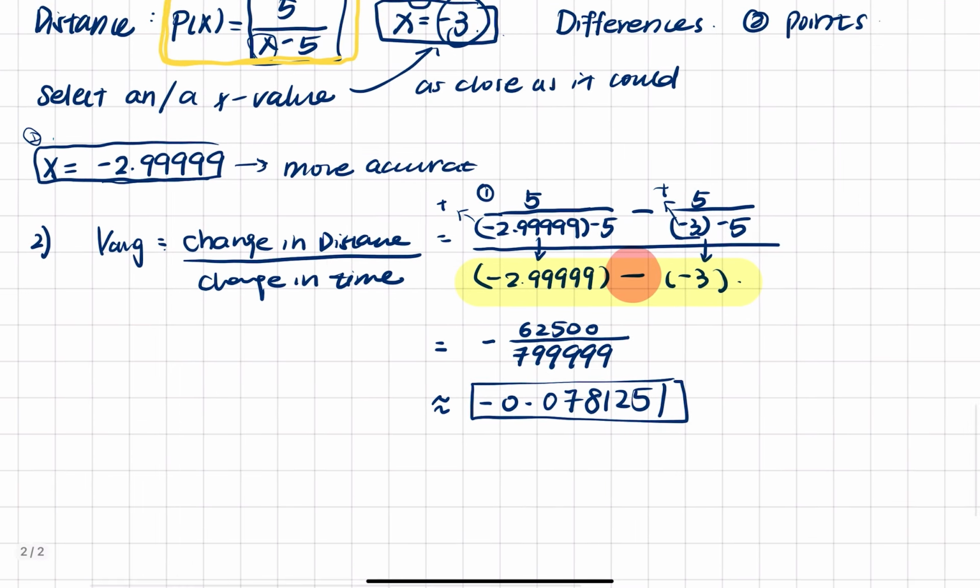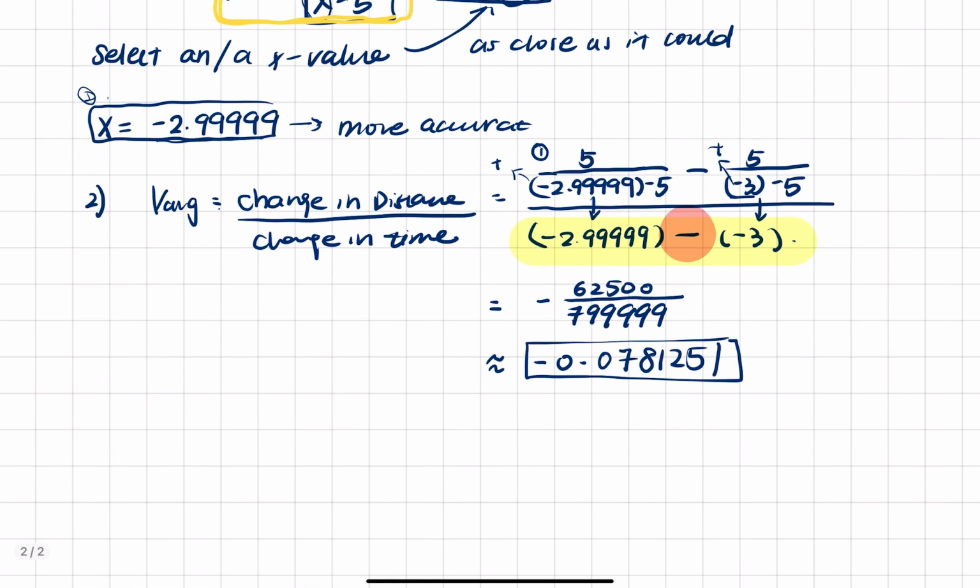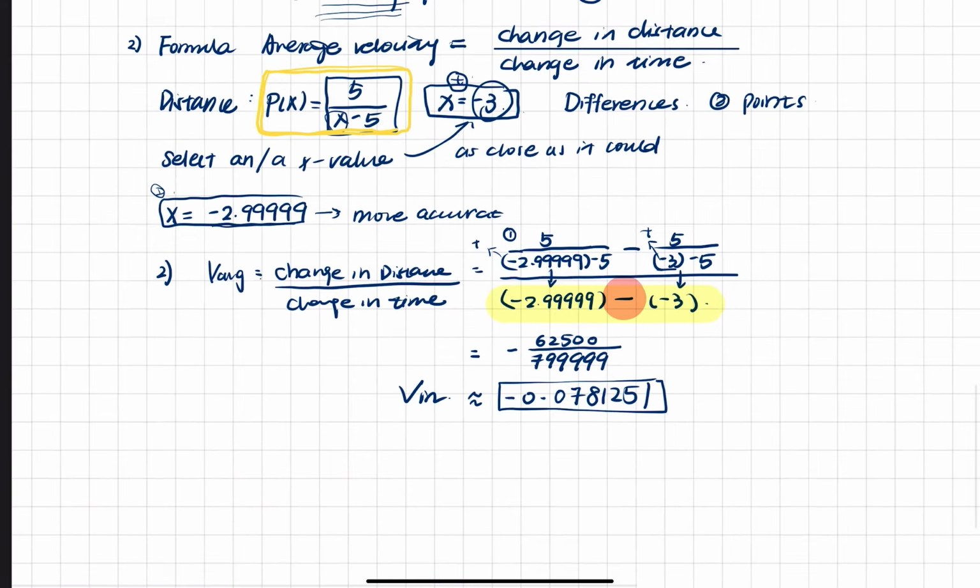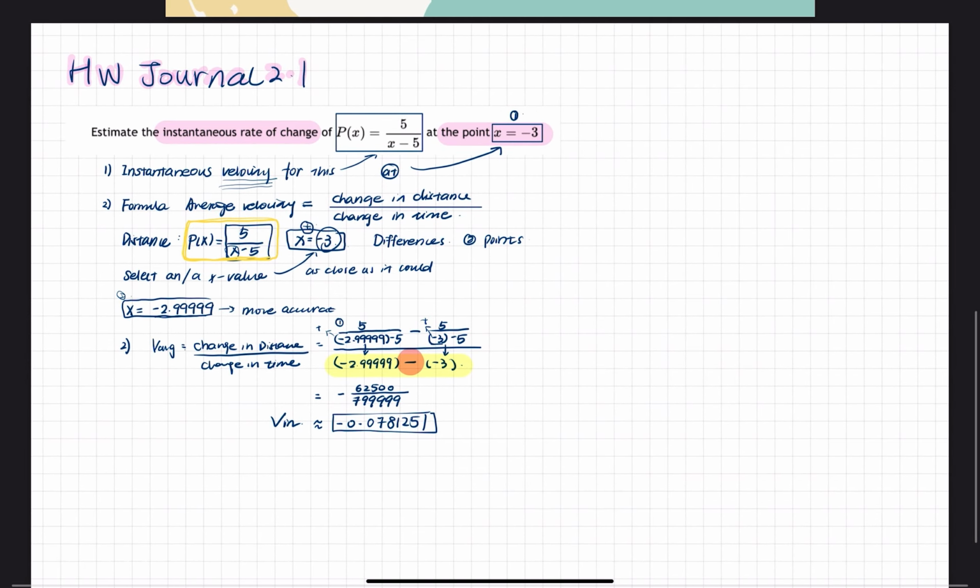And here is our instantaneous velocity for this function p(x) equals 5 over x minus 5 at the point x equals negative 3.